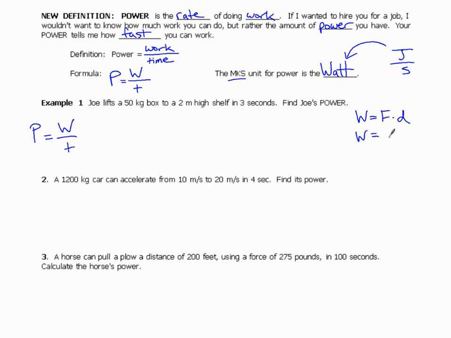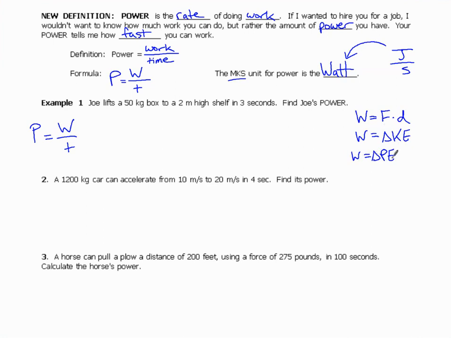Work was also equal to the change in kinetic energy. And yeah, we're lifting it, so that's fine. But when we were talking about lifting, we were really talking about a change in potential energy. This one was our lifting, this one was our pushing, this one was a generic formula.